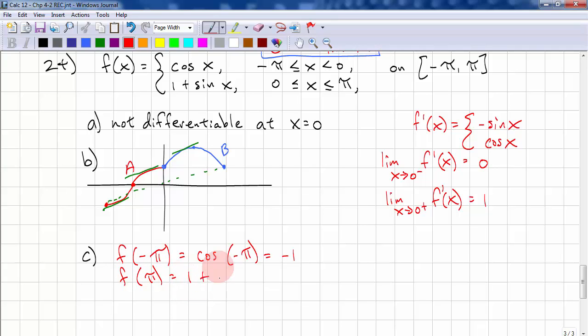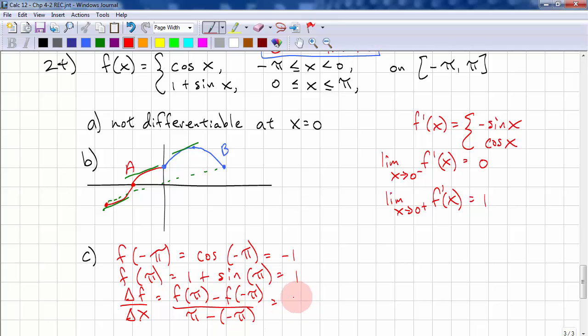This is going to be 1 plus sine pi. And this is 1 plus 0, so this is 1. So our average rate of change is f of pi minus f of negative pi over pi minus negative pi. So we have 1 minus negative 1 over 2 pi. So this is 1 over pi.